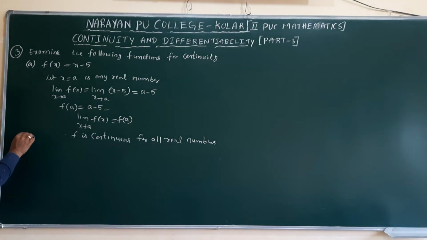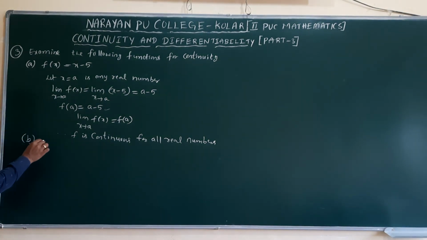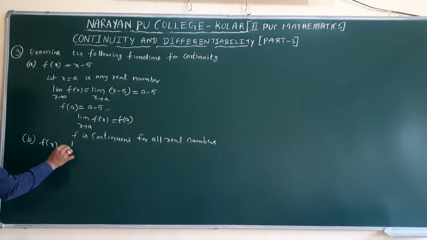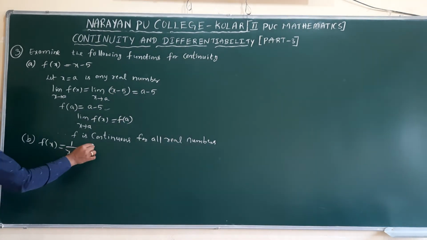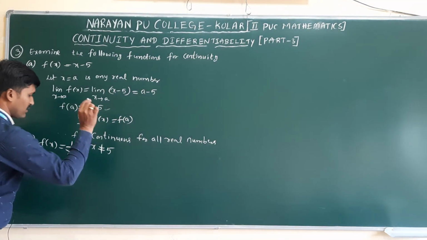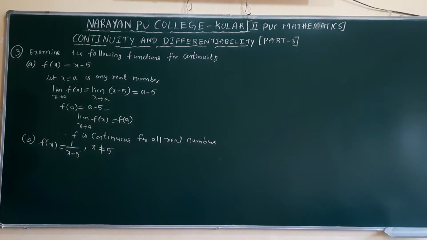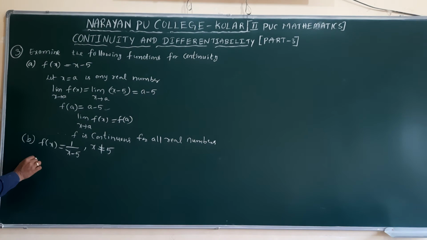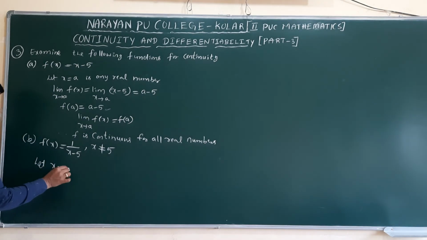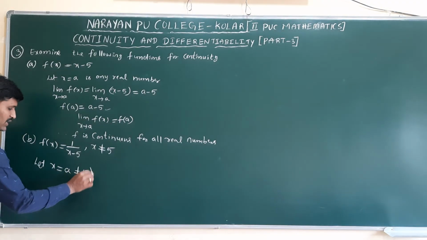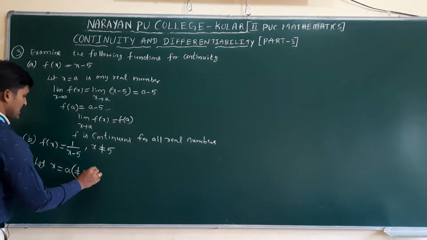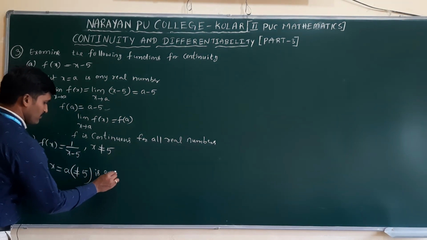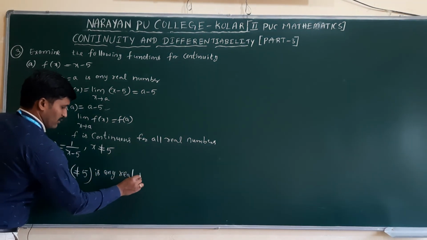Next, (b) f of x is equal to 1 by x minus 5, where x is not equal to 5. This is a reciprocal term. So let x is equal to a, where a is compulsorily not equal to 5, any real number except 5.